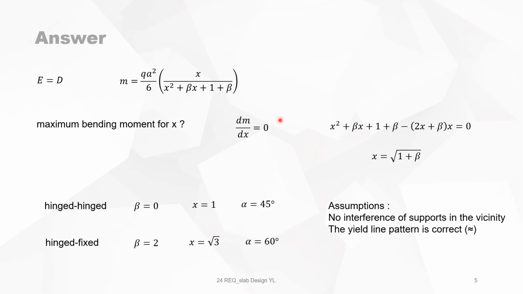We know that in the corner of the slab you have some positive bending moments that can have an influence on the exact pattern of the yield lines. But in general, you can say that the yield lines are more or less correct and that there is no interference of supports in the vicinity. Only under those conditions can the 30, 45, 60 rule be applied.